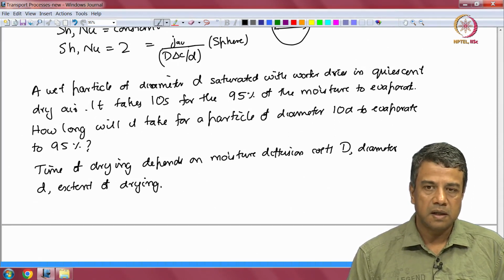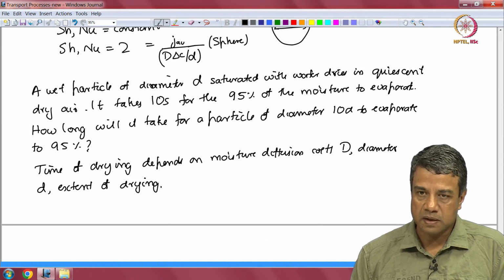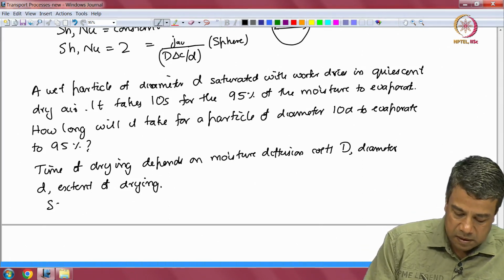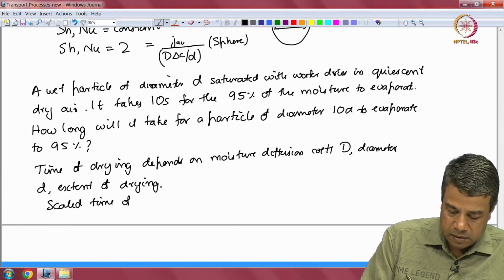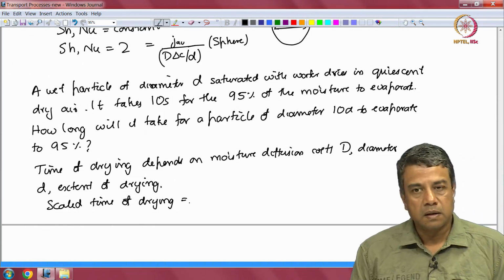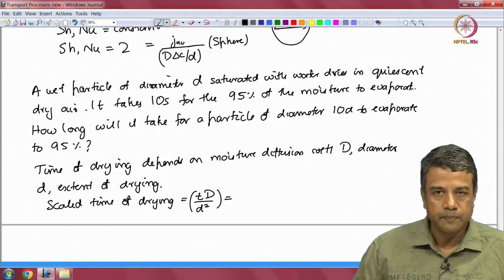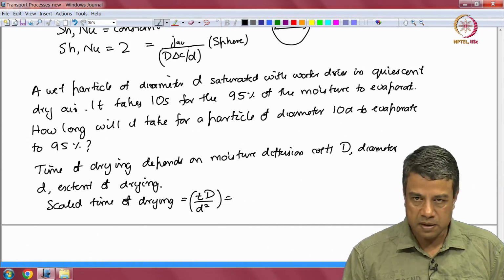And since the diffusion coefficient has dimensions of length squared per time, there is only one dimensionless group that you can make: the scaled time of drying, that is going to be equal to t D by diameter squared. The scaled time of drying is a dimensionless group.